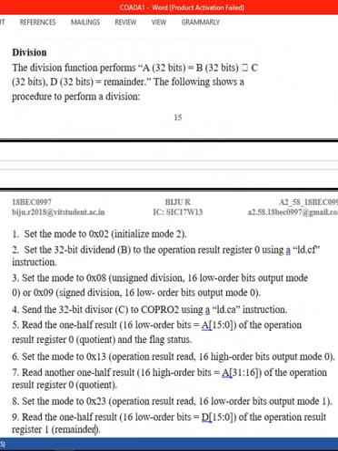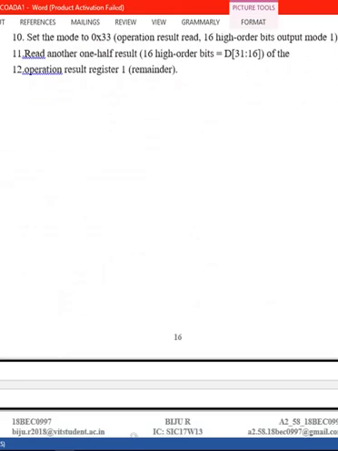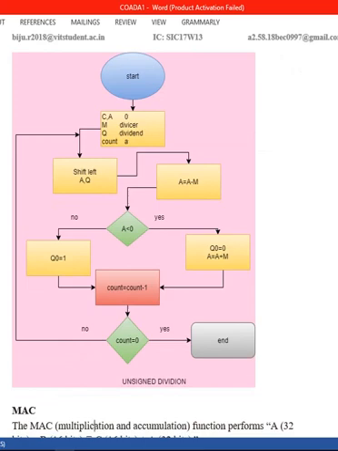The other operation is division. This is the basic algorithm of division. This is the flowchart for division, where M is the divisor and Q is the dividend. Initially, shift A and Q, then A equals A minus M, and check whether A is less than 0.